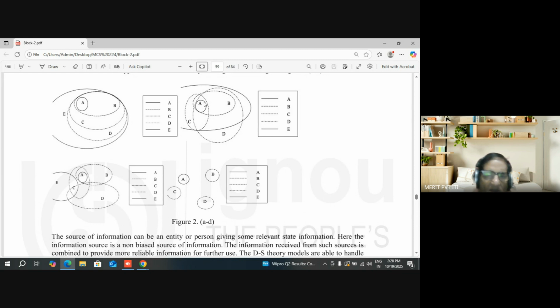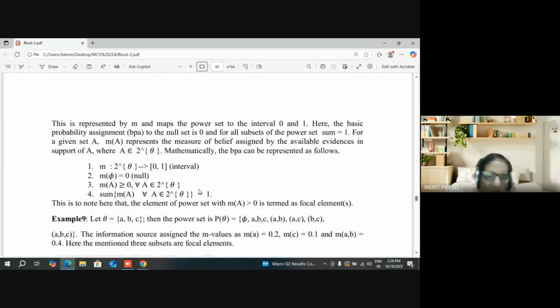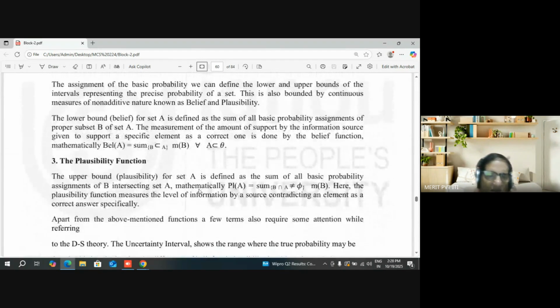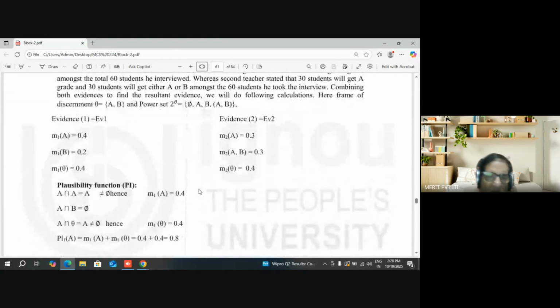Frame of discernment, belief function, plausibility function, rule of combination.